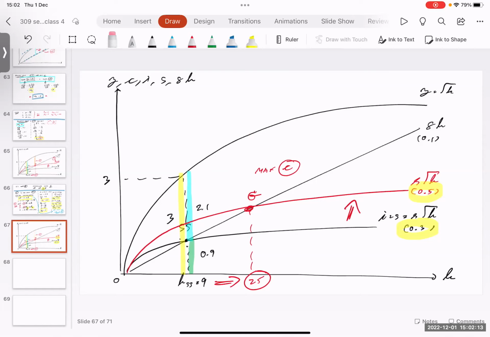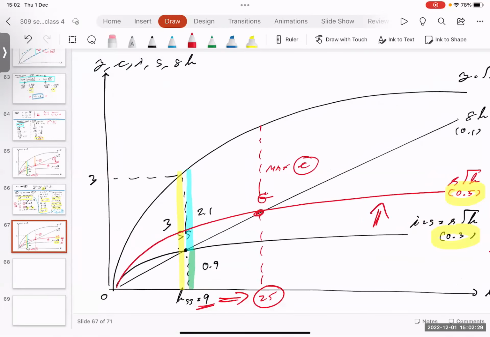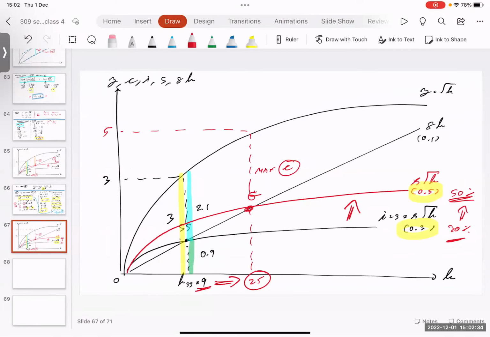Then if you want to go to the golden rule point, you need to save more, from 30% to 50%. If you save more, you're going to accumulate more capital, from 9 to 25. And when you accumulate more capital, you can produce more, from 3 to 5.